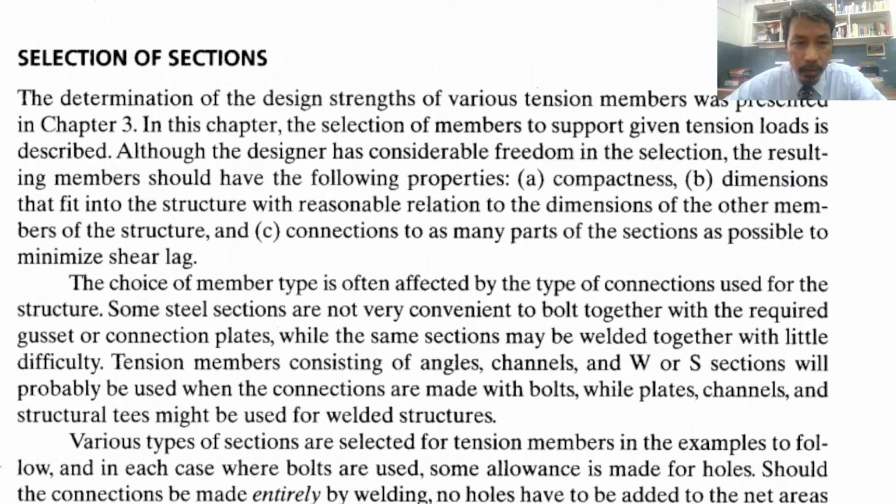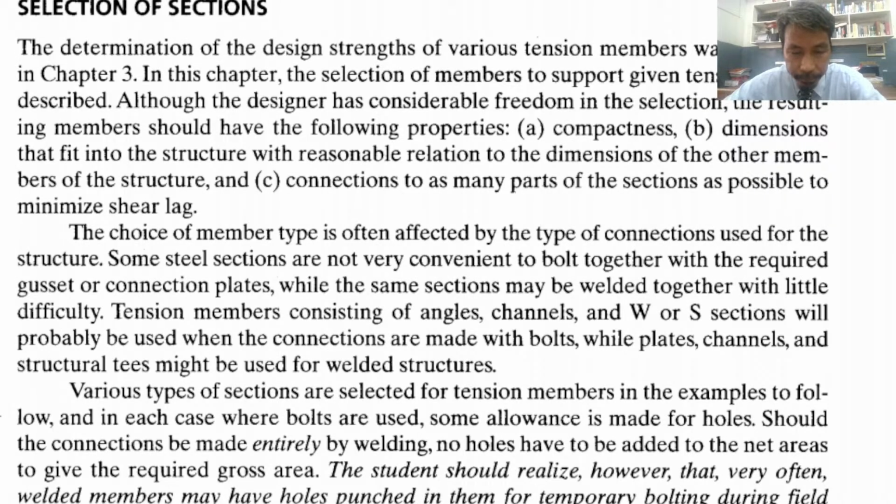Okay? So we will not explain it if ever we already have it. For example, this one, we already have this. Okay? So we already know that. We already know the effective area, how to compute gross area, how to compute net area. Okay?